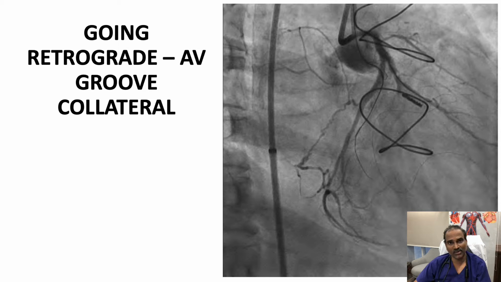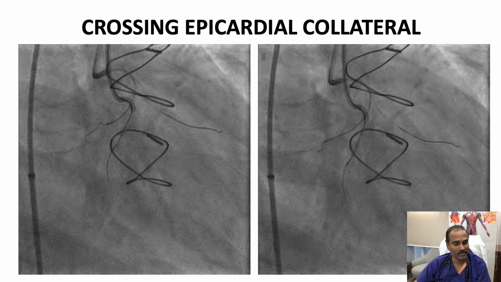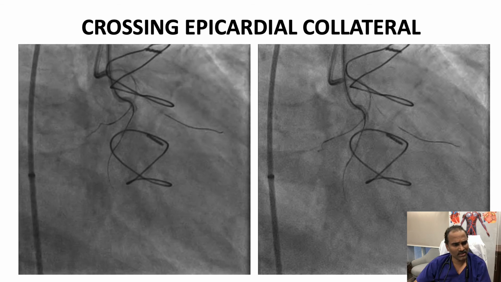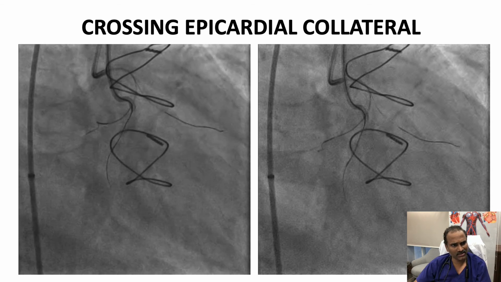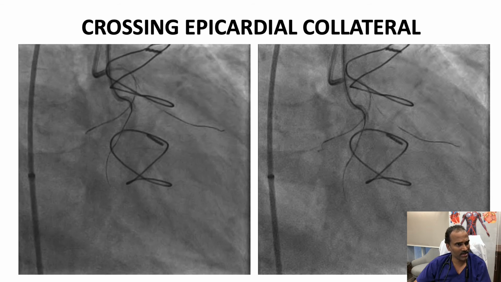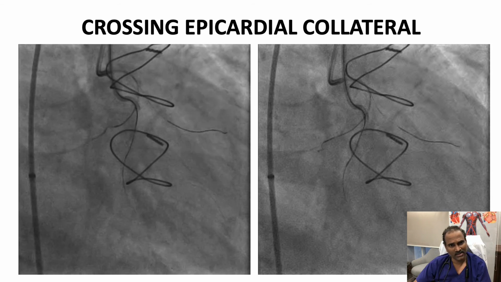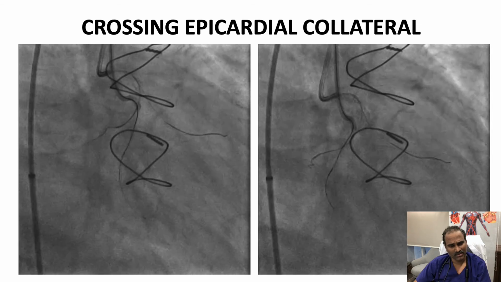So going retrograde through AV groove collateral. This is the AV groove collateral in RAO view, from LCX. This is a Caravel catheter with CO03 wire. You can see there are loops.